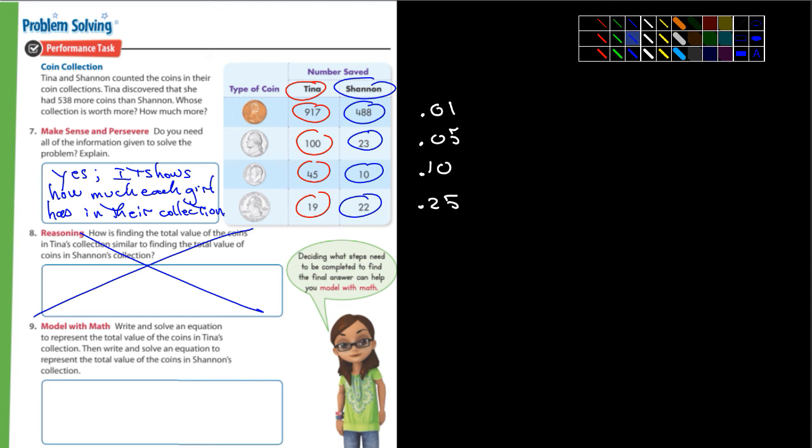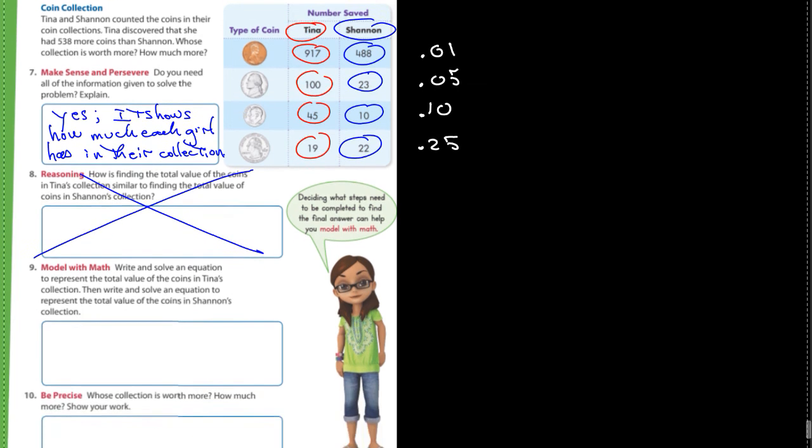Okay. So, I'm going to do Tina's. Not completely, but I am going to write out the equation for Tina. Okay? So, let me move this up a little bit.